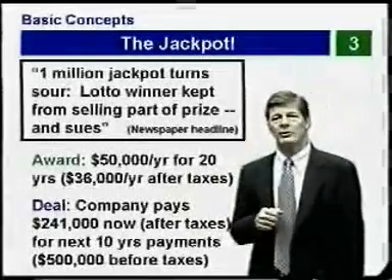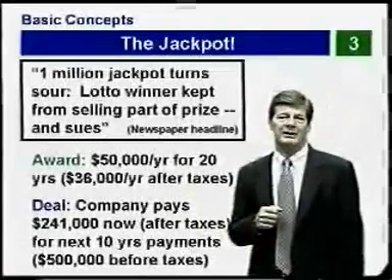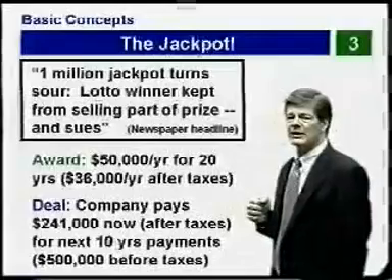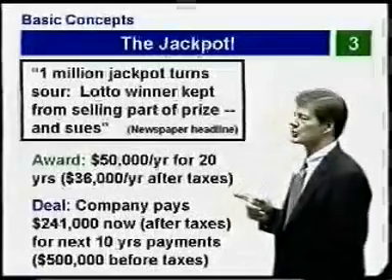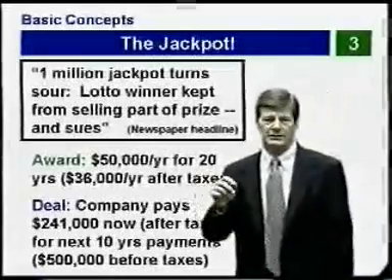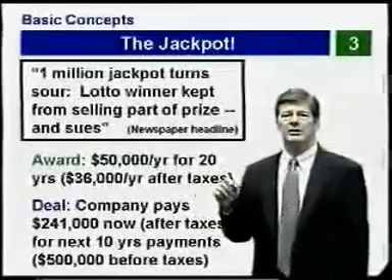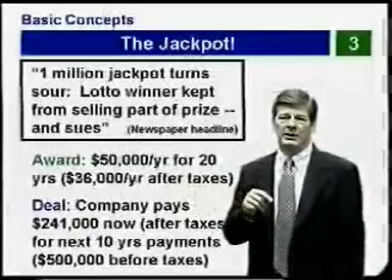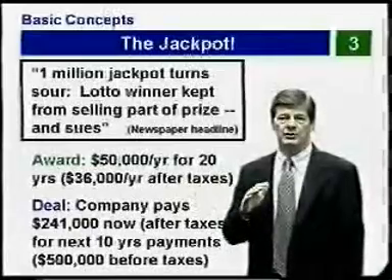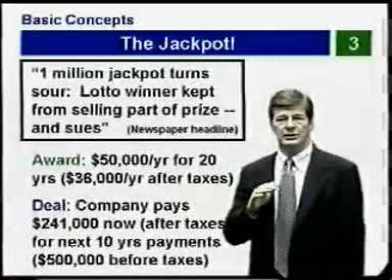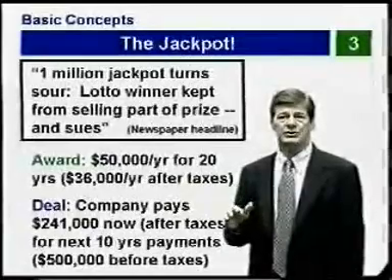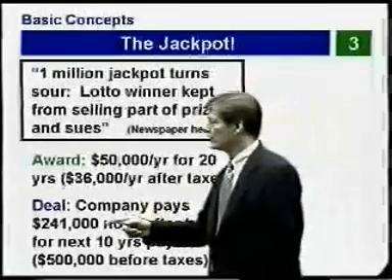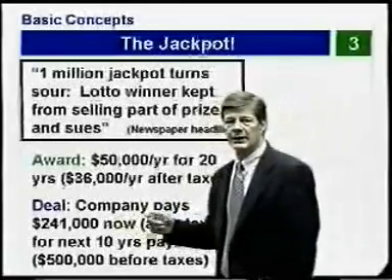Now, this particular winner was approached by a company, and they gave this particular lotto winner the following opportunity. If the lotto winner would sign over to this company the first 10 years' worth of earnings, they would give to that lotto winner today as a lump sum after taxes, that is, the company would pay for all taxes, they would give to this winner a check for $241,000 now.